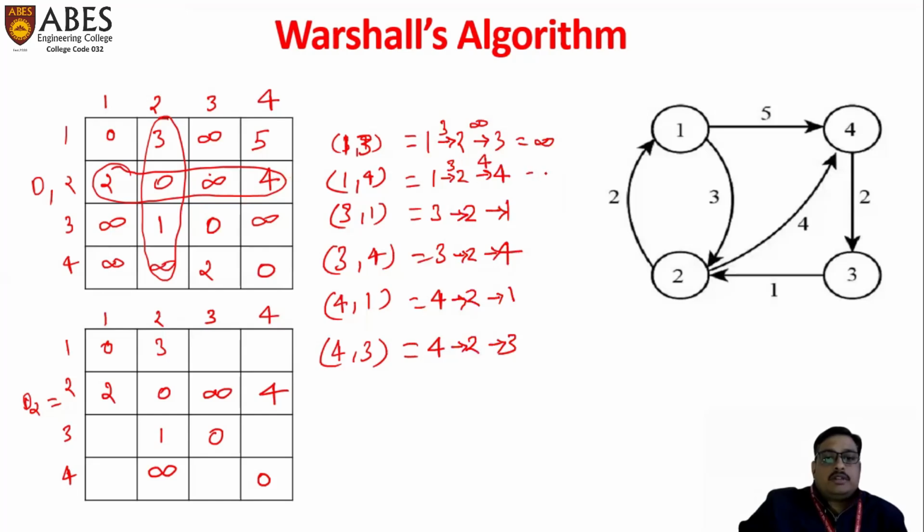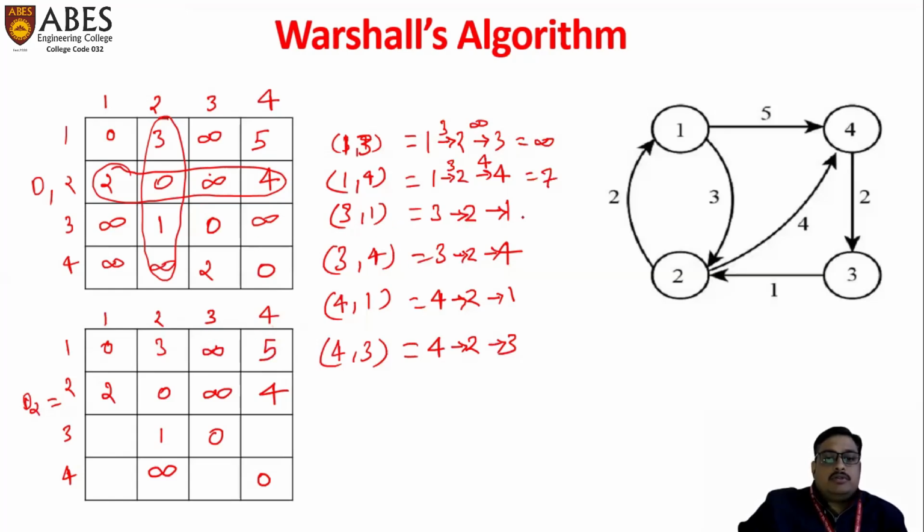So 3 plus 4, that is 7. But what is the value at 1, 4? 1, 4 is already 5, so we will not update this value. We'll just write 5 at 1, 4. So there is no change.